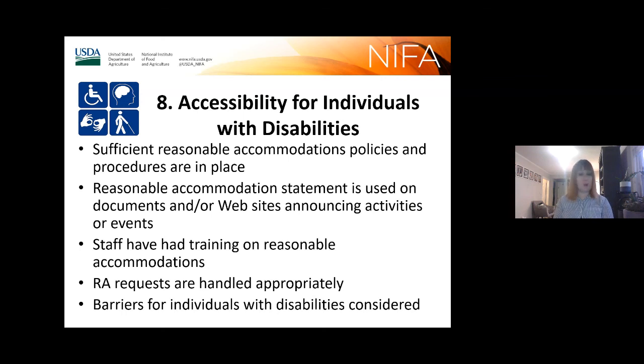Again, that can be a part of your broader civil rights training, or it can be separate, additional to that. We want to see that you're handling reasonable accommodation requests appropriately. So does staff know how to handle reasonable accommodation requests? And then we're going to ask about how barriers for individuals with disabilities are considered in the implementation of your programs and activities as you're conducting them. We just want to see that it's something that you're keeping in mind and considering as you conduct activities.